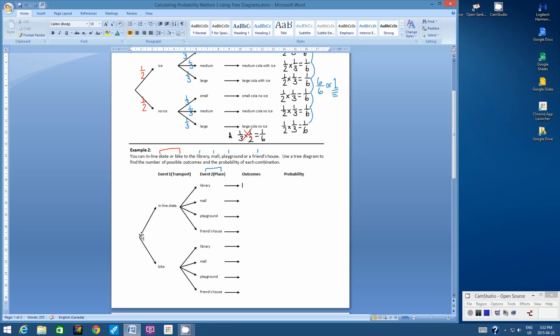So the first outcome, we follow this branch, we have inline skate, and then we follow this branch to the library. Why don't we make it as short as possible and write skate to library? Let me give you a little bit of a head start, and I want you to list all of the outcomes down this column here.